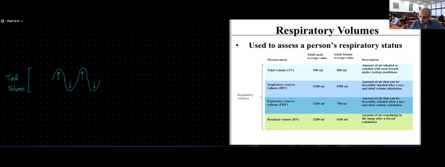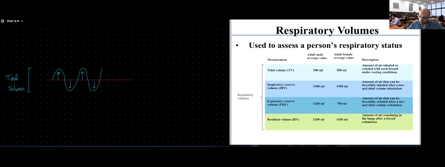Here, this is what we call again the tidal volume. Moving up, this is inspiration. Moving down, this is expiration. So the amount of air that gets inhaled or exhaled with each breath under resting conditions, this is what we call the tidal volume.